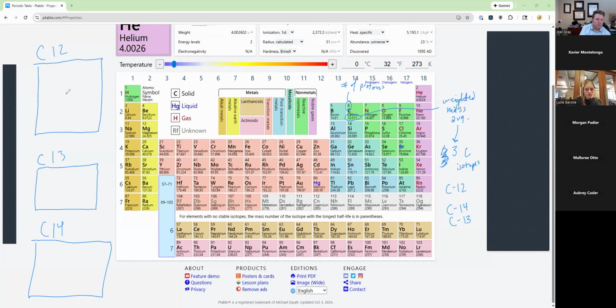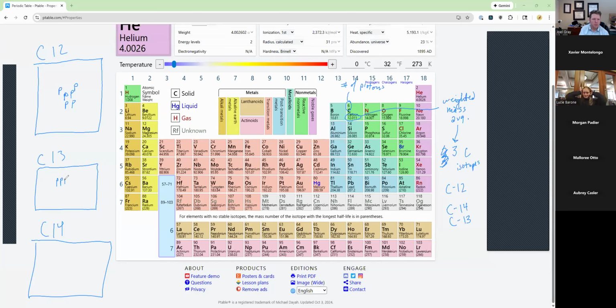For C12, I'm going to do a blue dot. Actually, I'll do a P. Proton, proton, proton, proton, proton, proton. Okay. That's 6 protons. How many should I draw for the C13 isotope? 6.